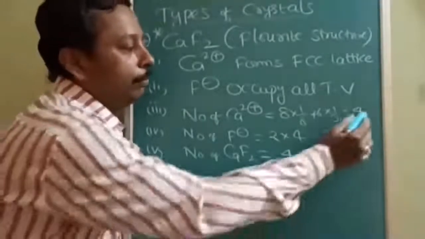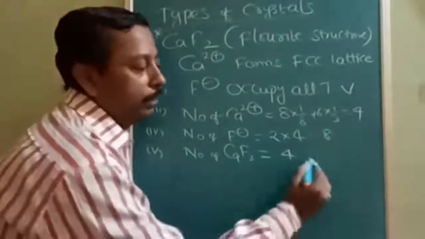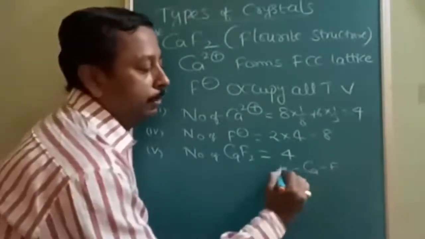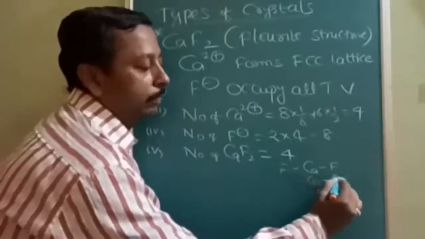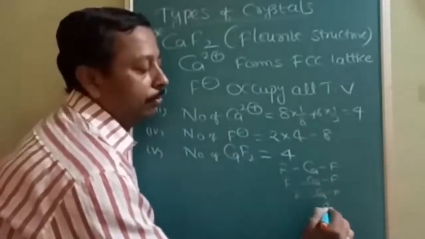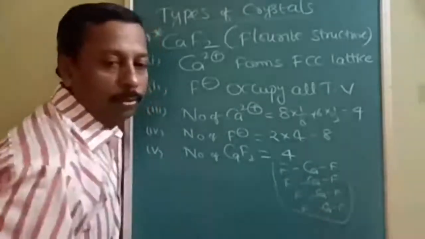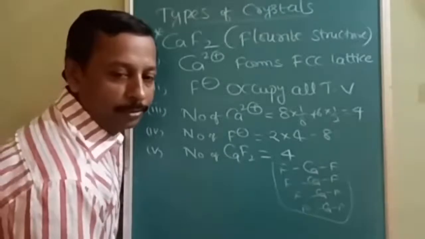Why 4 when 8 came? Because each calcium is associated with 2 fluorines, so there are 4 CaF2 units. How this 4 came, is it understood?